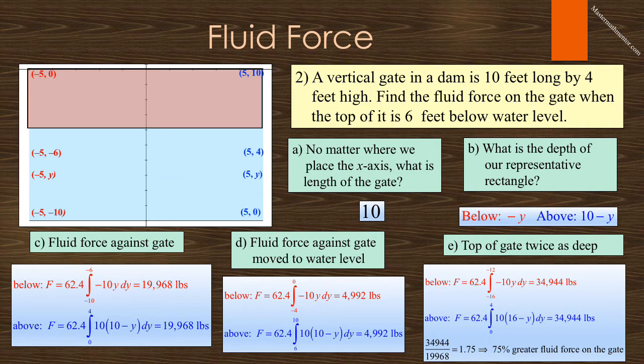In both cases, we get 34,944 pounds. If we compare the 34,944 to the 19,968 pounds, we get 1.75, meaning that there is 75% greater fluid force on the gate by doubling the depth.